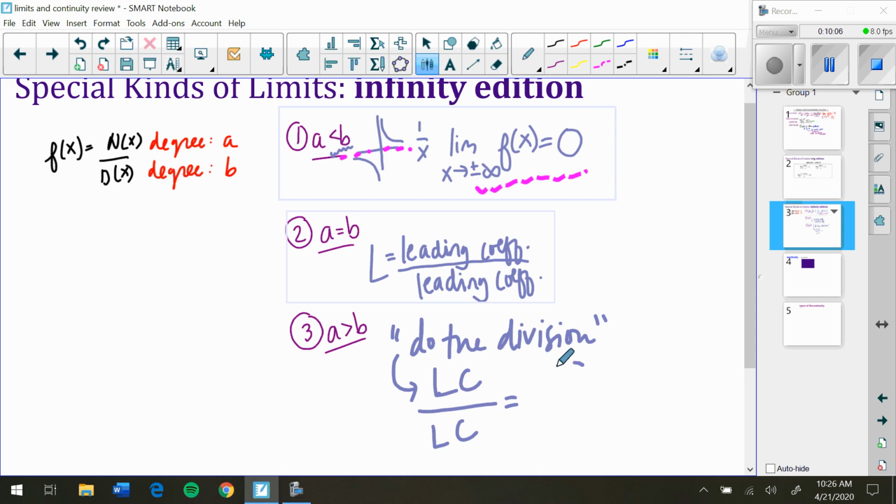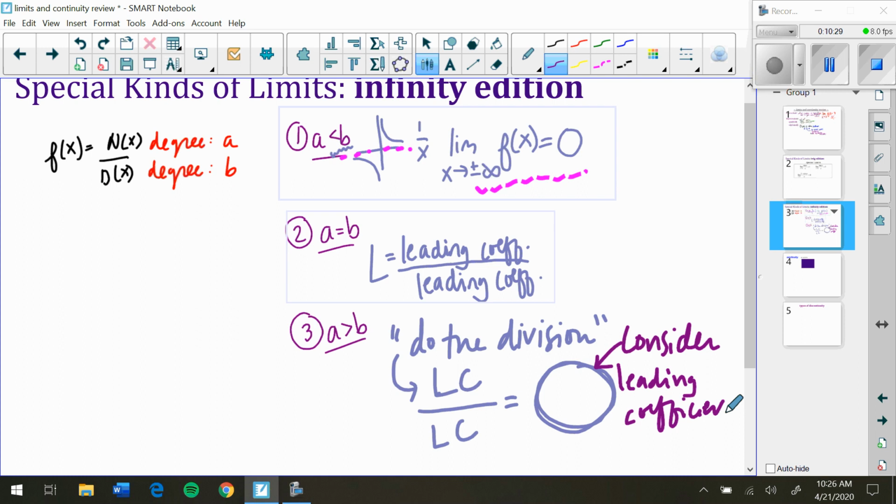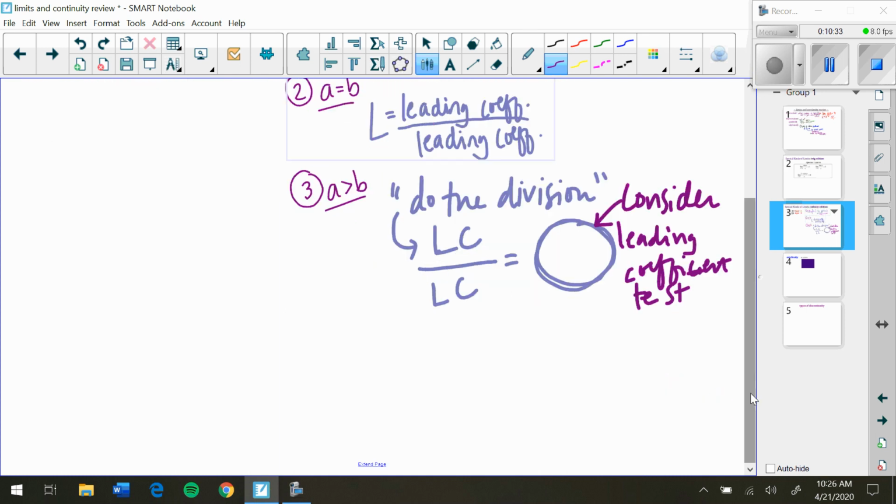And whatever function you are left with, you are going to take this function right here and consider the leading coefficient test, that thing that we do with polynomials, for example, let's say we had 4x to the 7th.